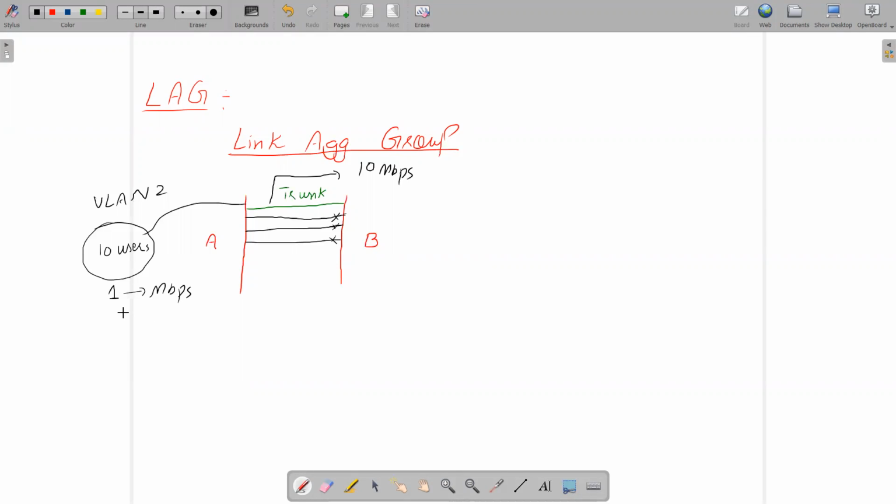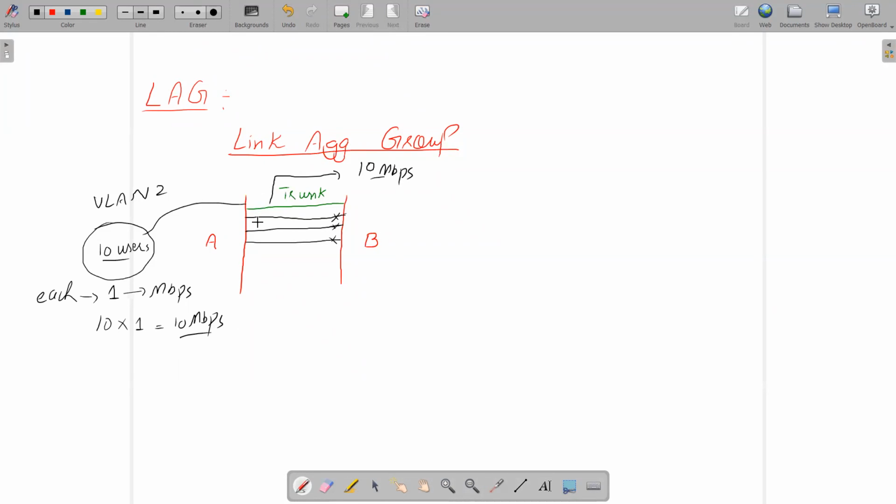So if I have assigned 1 MB to each user, and I'm having 10 users, that means the traffic of 10 users would be 10 megabit per second. And this is an exceptional case. The link carrying capacity is 10 megabit per second and the volume of the traffic is 10 megabit per second.